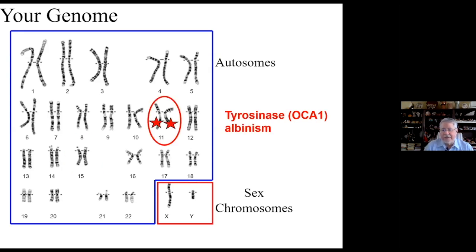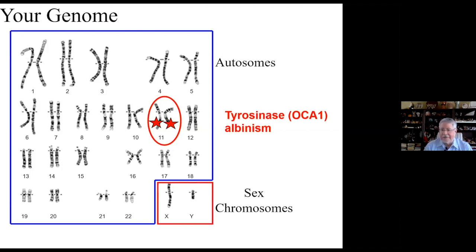So if a person, for example, has two changes in the tyrosinase gene, one of those changes on a copy inherited from mom, the other change on a copy inherited from dad, and if those changes lead to the inability of tyrosinase to help make melanin protein, that person will have albinism.